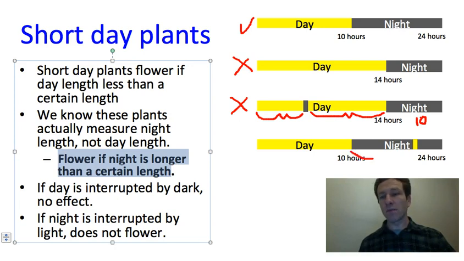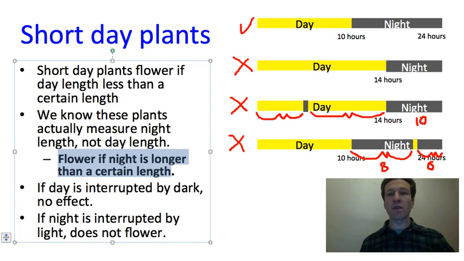Instead, it's getting some period here that might be about 8 hours long, and then it's getting a second period here that is maybe closer to 6 hours long. The key is that neither of these periods is 14 hours or longer, and so it is not perceiving a long night. Because it's not perceiving a long night, then the plant is not going to flower.